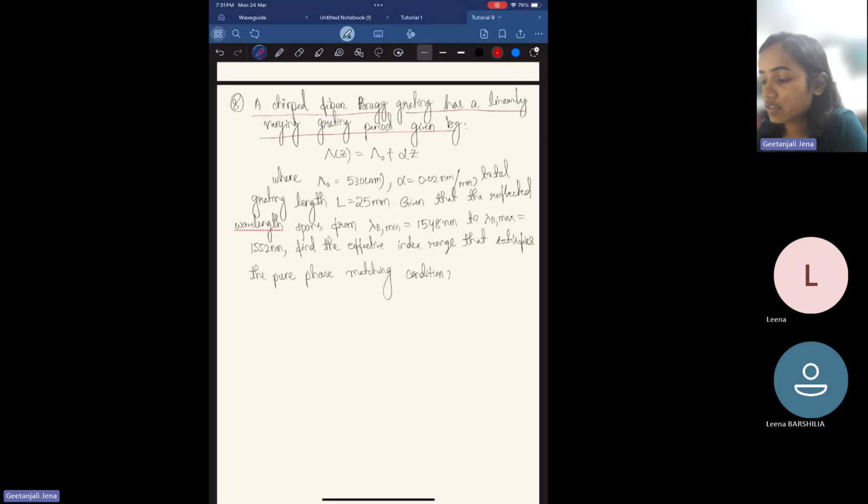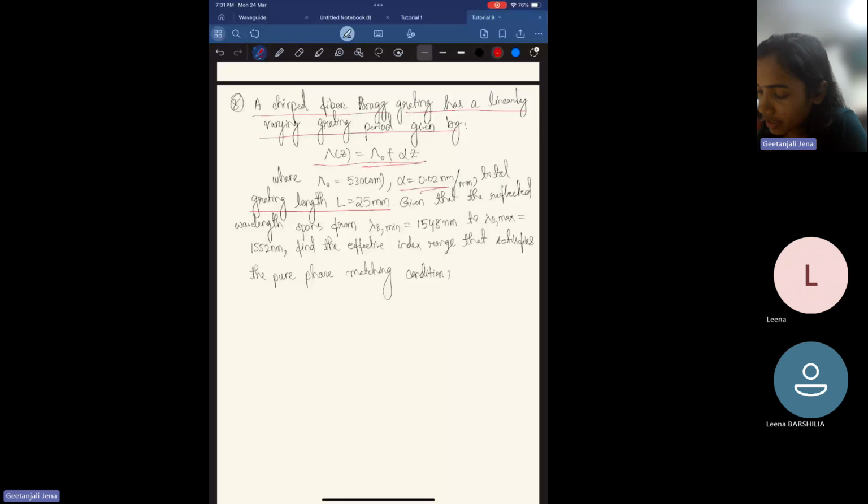given by this expression, where lambda 0 is 530 nanometer, alpha is given 0.02 nanometer per millimeter. Total grating length is also given, which is L, 25 millimeter. So let me write what is given to us side by side.